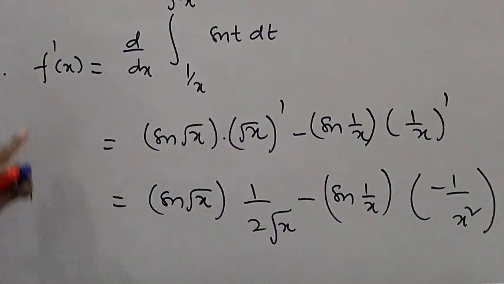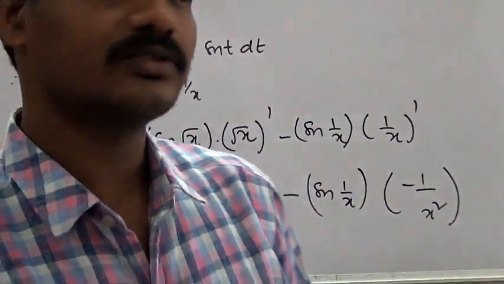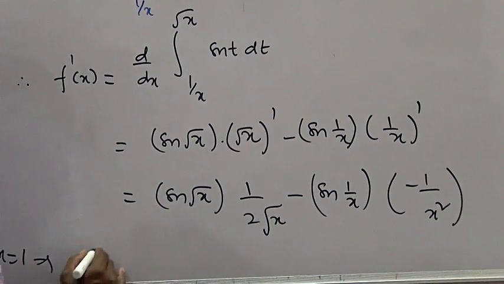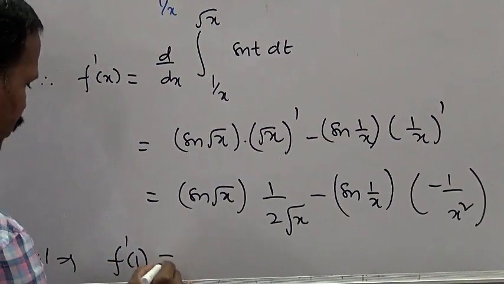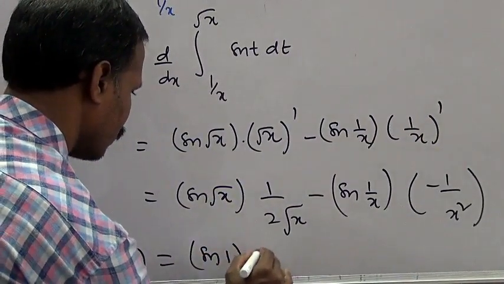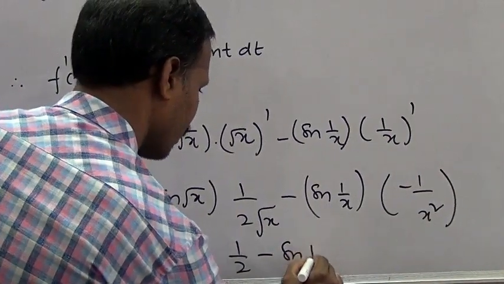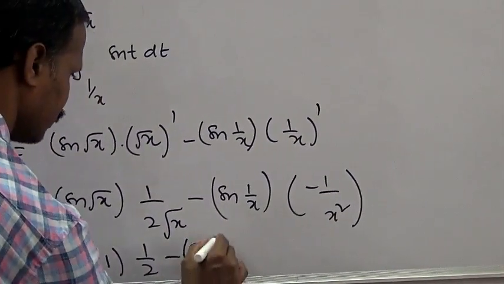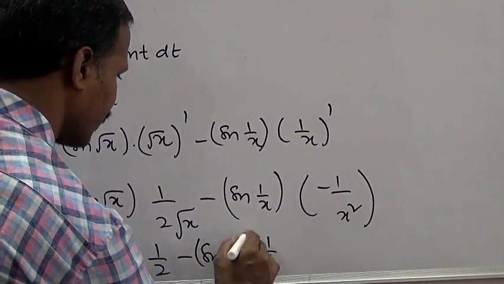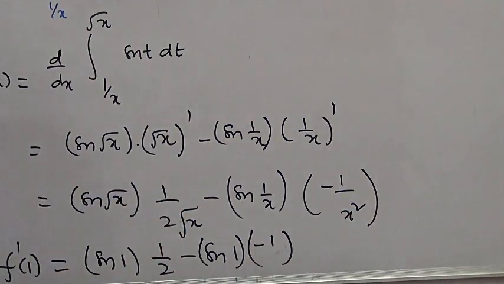Clear? Now what we have to find? We have to find f dash 1. So x equal to 1 implies f dash 1 equal to sin 1 into 1 by 2 minus sin 1 into minus 1 by 1, which is minus 1.